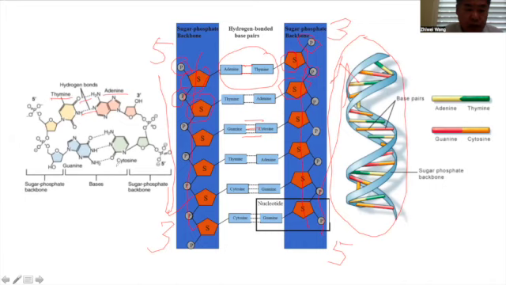The 3 hydrogen bonds between cytosine and guanine form between oxygen, hydrogen, nitrogen, hydrogen, oxygen, and hydrogen. One strand has its 5' end here and runs to the 3' end this way, while the other strand has its 5' end here and its 3' end there, running in the opposite direction. So it's anti-parallel.